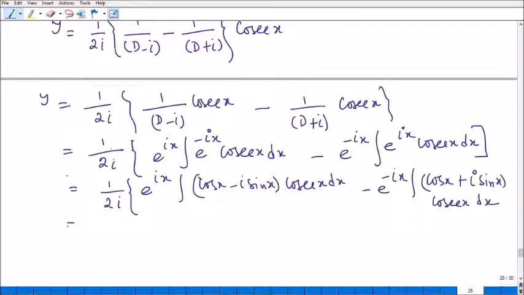So now here cos x into cosec x means cos x by sin x, and i sin x into cosec x is 1. Sin x into cosec x is 1.